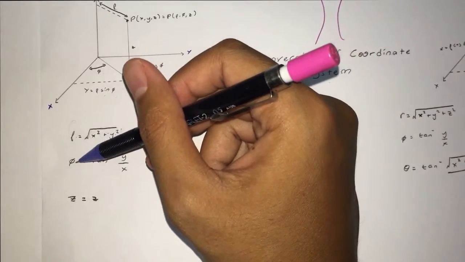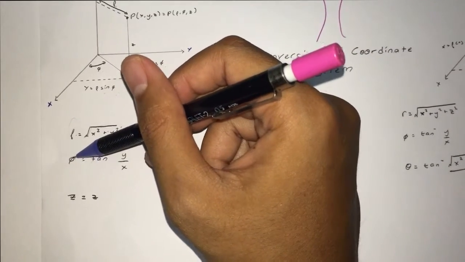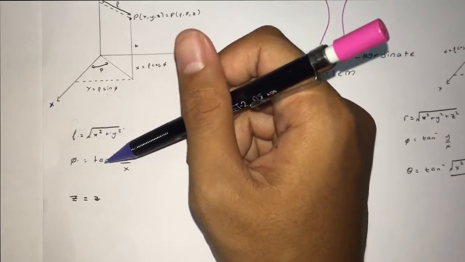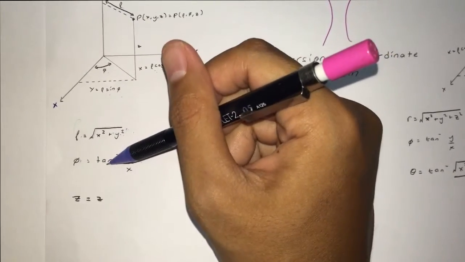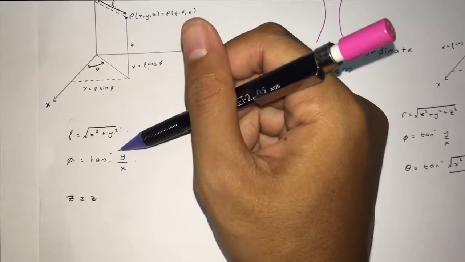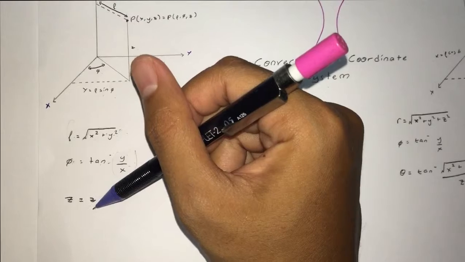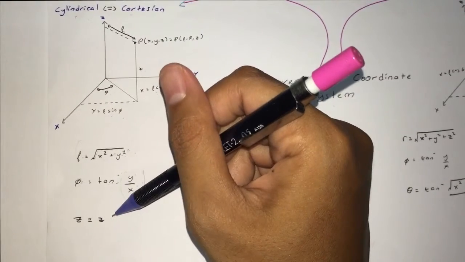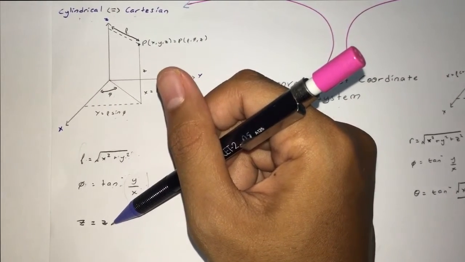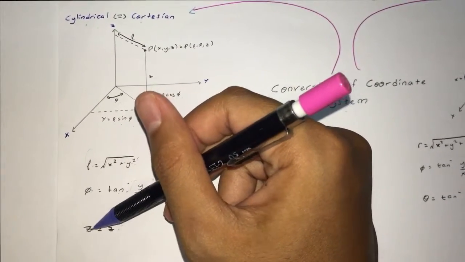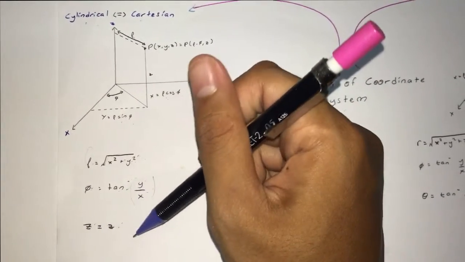And we also can get the answer for phi from this formula, that's tan inverse of y over x. The value of z is the same as the value of z for cylindrical.